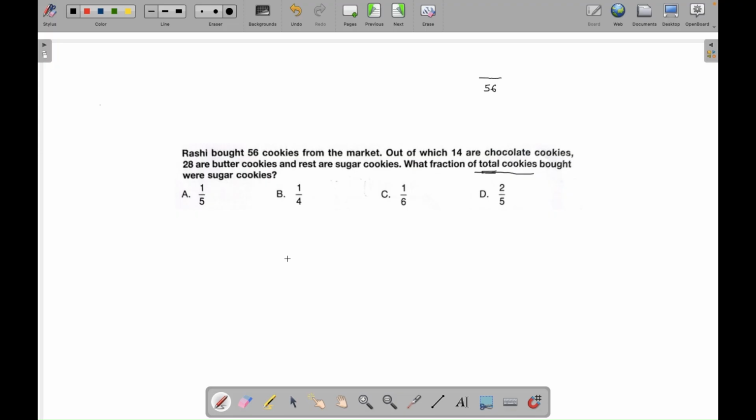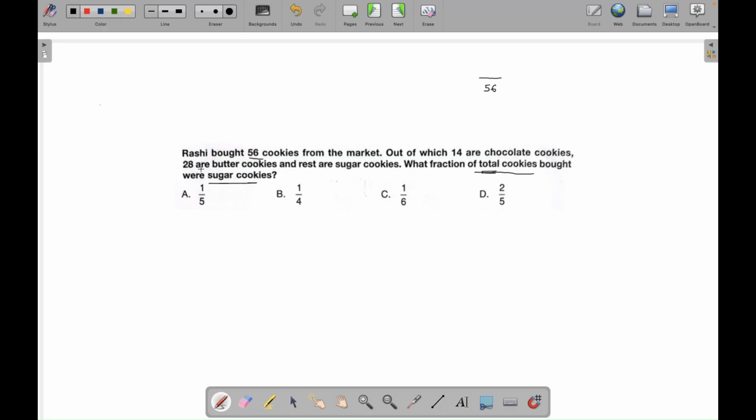Now numerator is what we are interested in. So we are interested in finding the number of sugar cookies, right? So we have 56 cookies in total. Out of them, 14 are chocolate cookies and 28 are butter cookies, and the rest are sugar cookies. So if I add these two, I'll get the number of cookies which are not sugar cookies.